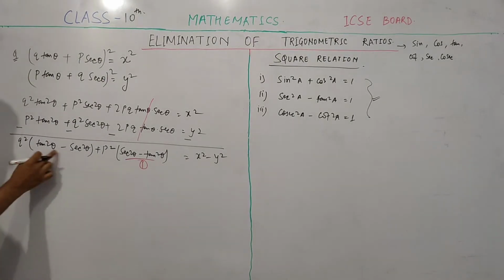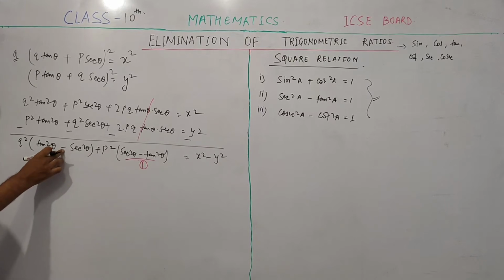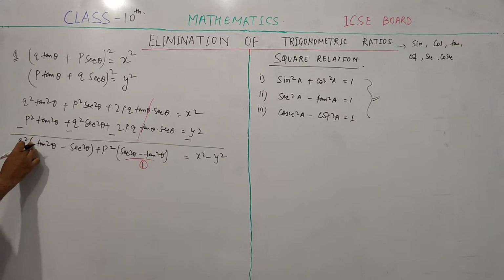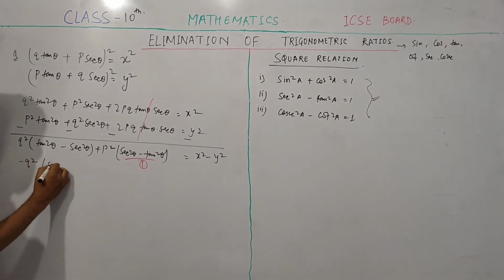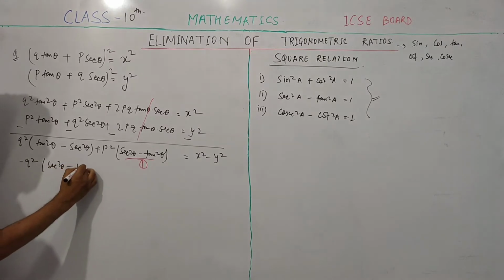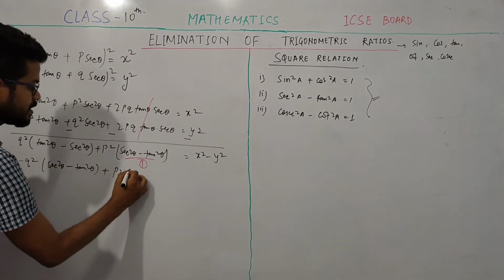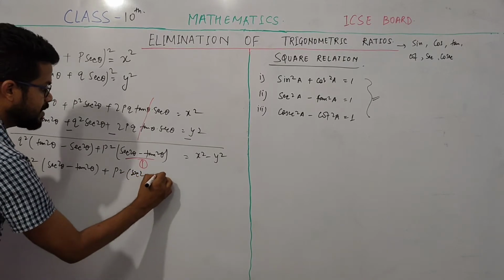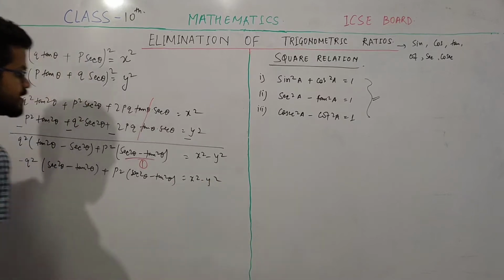If I take minus common from this, this minus becomes plus and this plus becomes minus. So I write here minus q square times sec square theta minus tan square theta, plus p square times sec square theta minus tan square theta, is equal to x square minus y square.